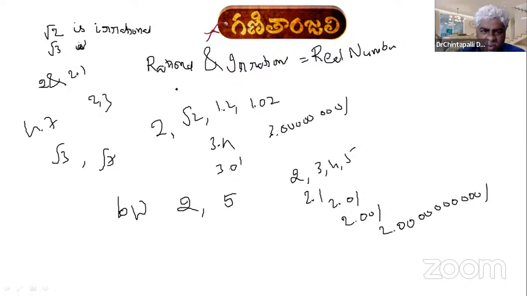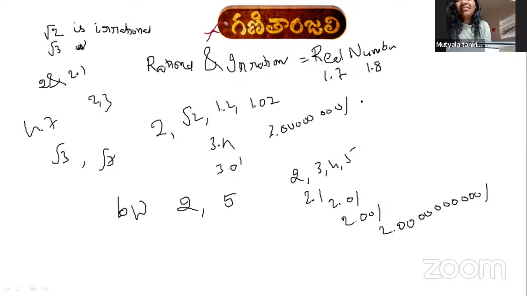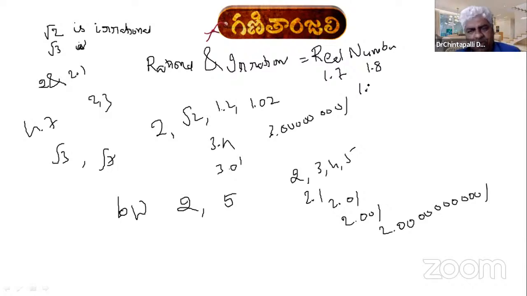How many numbers are there between 1.7 and 1.8? Infinite, sir. Because between 1.7 and 1.8, 1.71 is there, 1.72 is there, and so on up to 1.79. After 1.79, it will be 1.8, right?